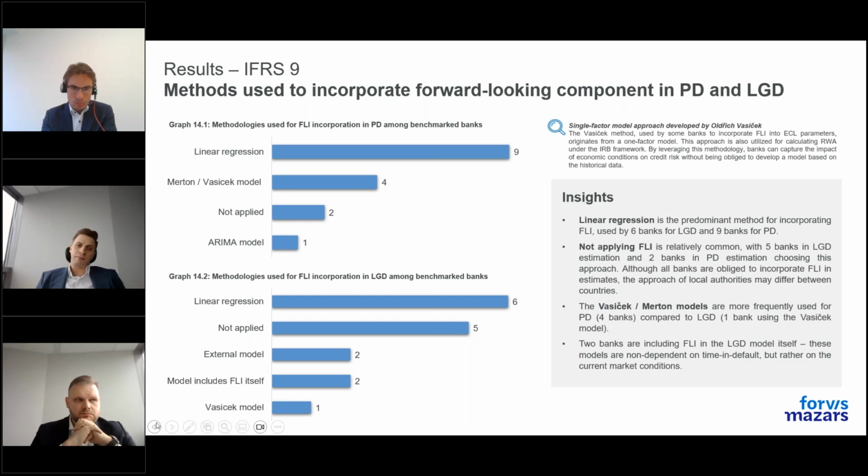Again, the approach may slightly differ between banks because there are details like including the autoregressive term or the logit function, but the main approach is linear regression.